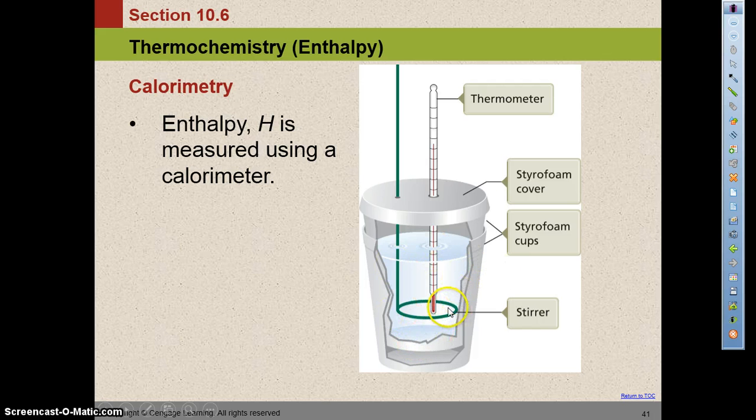Because we know what the substance is in here, and we measure the enthalpy in the form of the temperature difference, which is in the form of heat that's given off, we can calculate the delta H for this reaction. And it may be possible for us to look at this reaction and another reaction and combine those two in order to find what the enthalpy change would be in a final reaction that we really can't carry out in our lab. And we'll talk about that tomorrow with Hess's law.